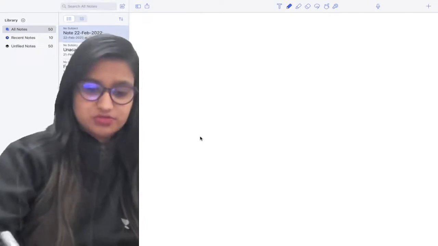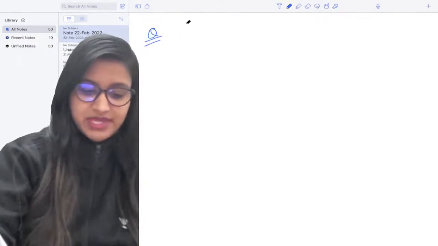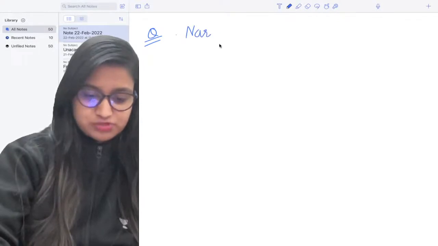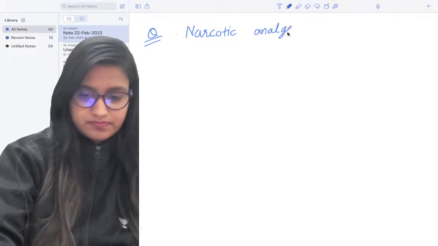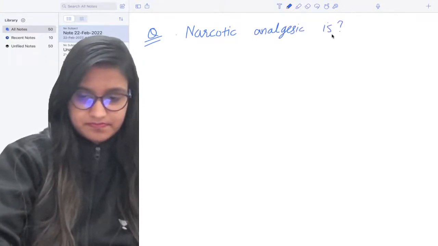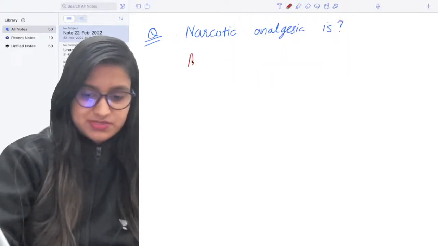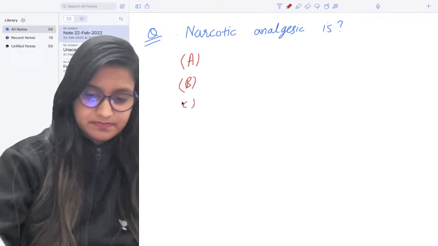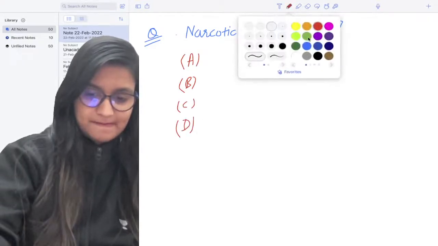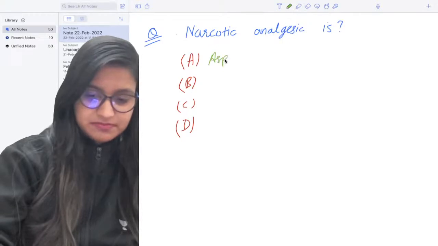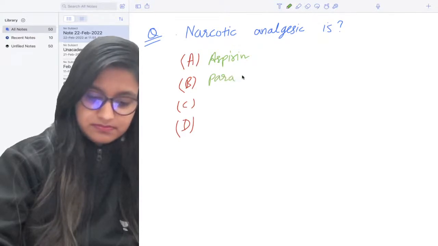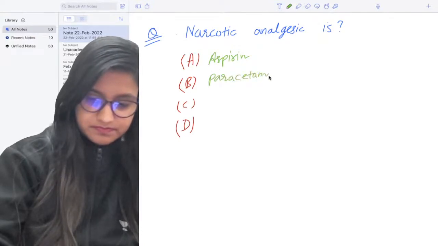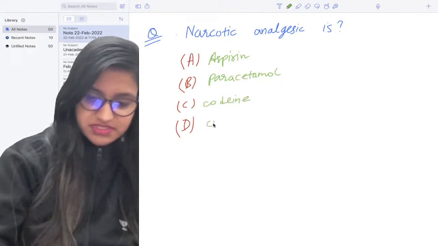चलो next question मुझे बताओ. Narcotic analgesic is, let me give you 4 options. Aspirin. Option number B, paracetamol. कोडीन या फिर सिमेटिडीन.